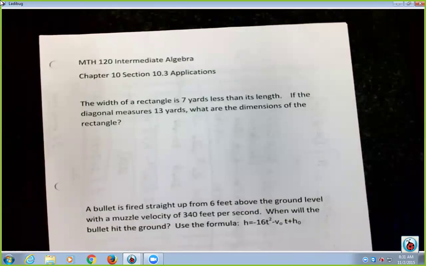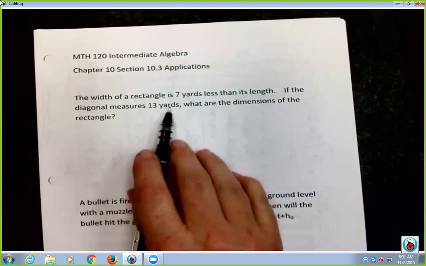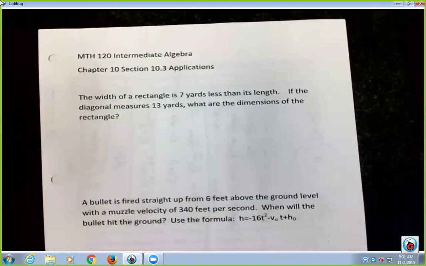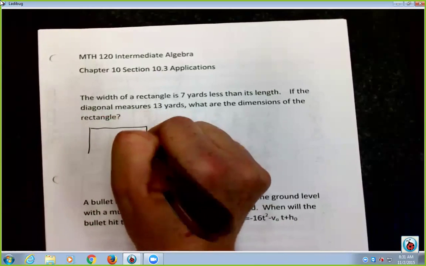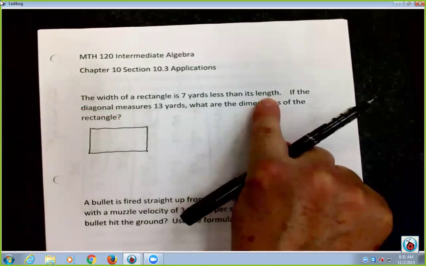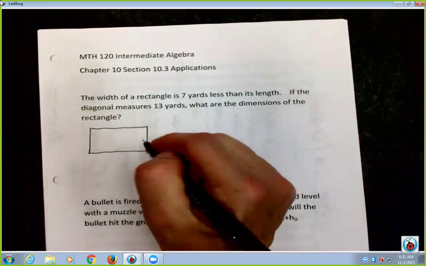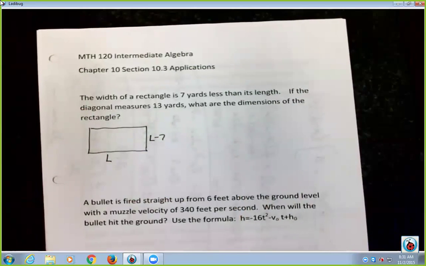This first one is like the others that we did. We did one just like that with the rectangle in there. Again, you would draw out your rectangle because it says the width of the rectangle is 7 yards less than the length. So length minus 7 and length.